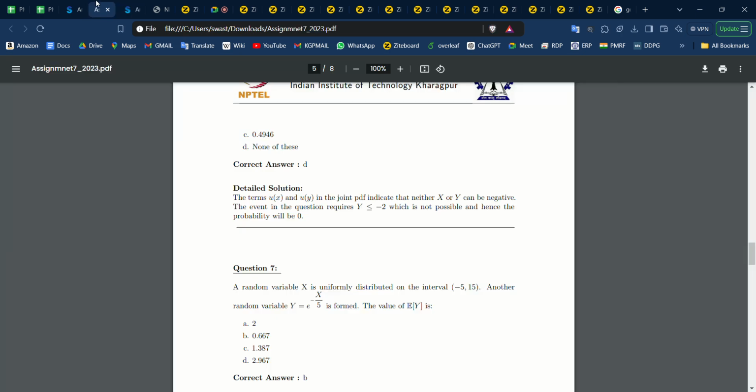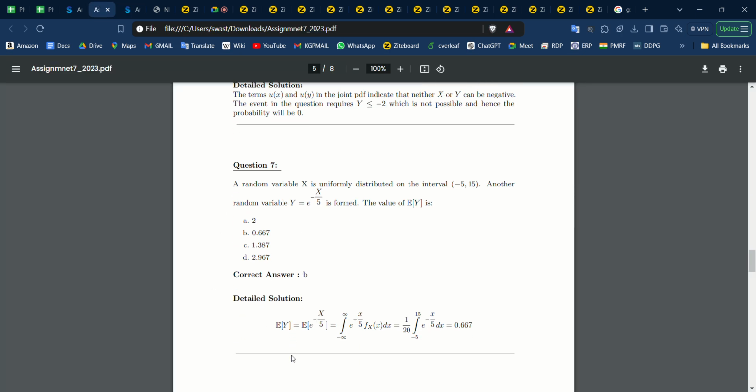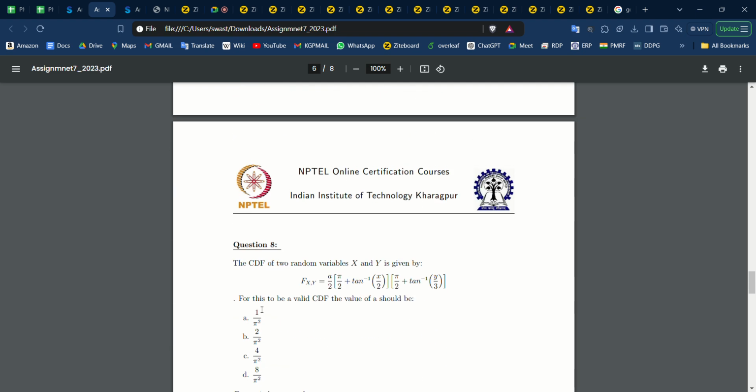Let's see whether we are correct or not. So option B, 0.667. And actually you can solve it without even solving the question, because the expectation of y is likely to be less than 1, because this is e to the power minus something. Anyways, let's not go there. So we have solved it.